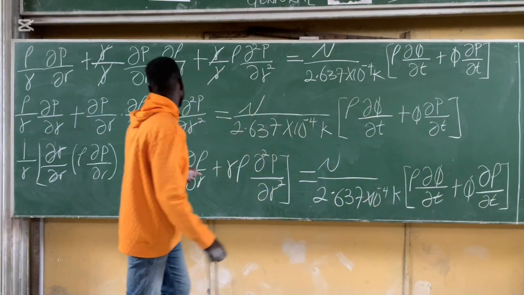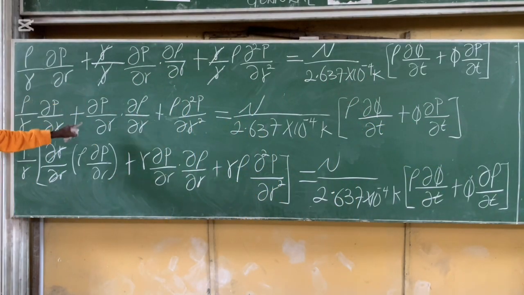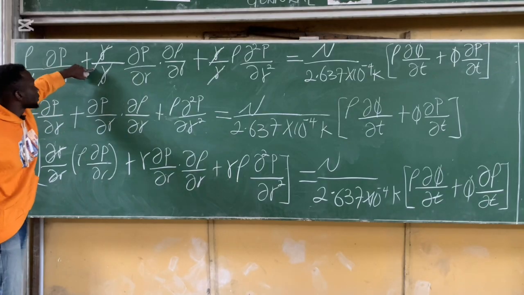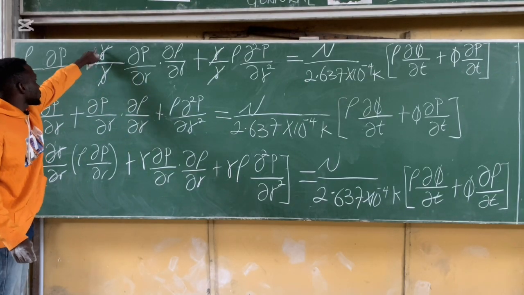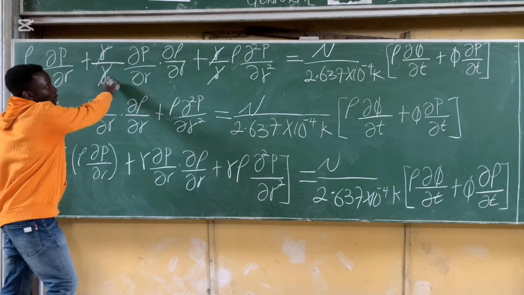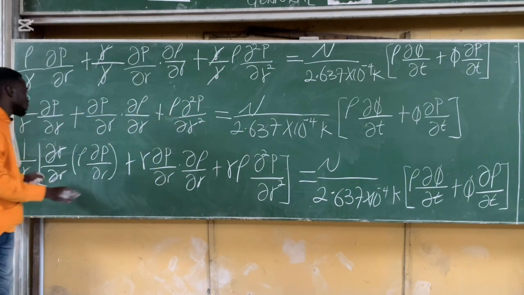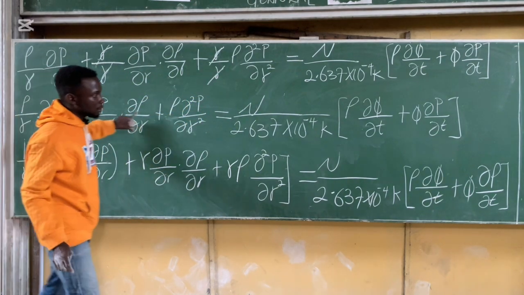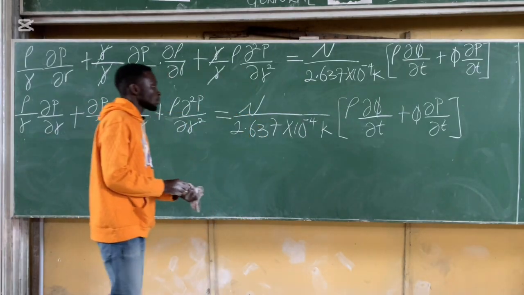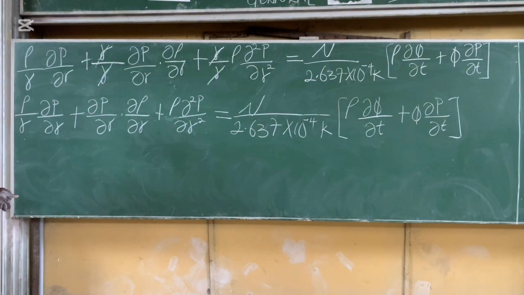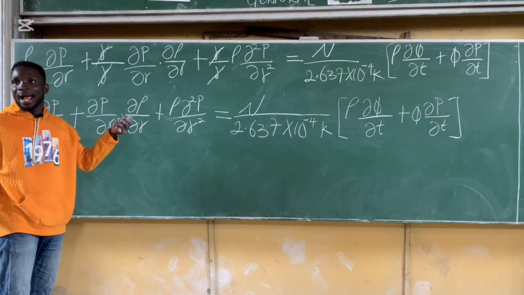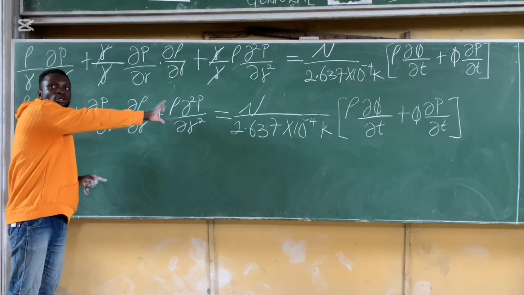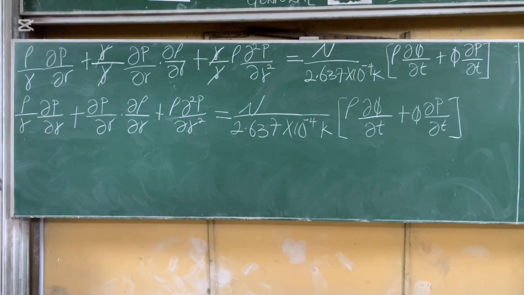We are going to have this. Remember, at this point now, all the r terms have cancelled, and this one will cancel, this also cancels this. So if that happens, we are going to have this equation. The next step now is to divide through by density, which is rho.